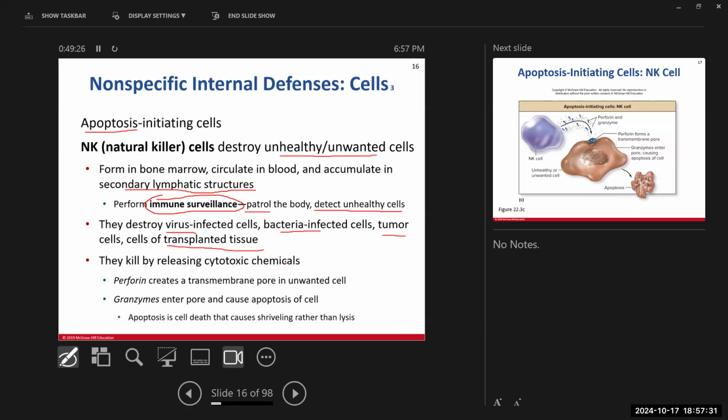It's usually when they start to display abnormal protein fragments, maybe from a virus or a fungus or a parasitic worm or even a bacteria, that we have a different scenario here.